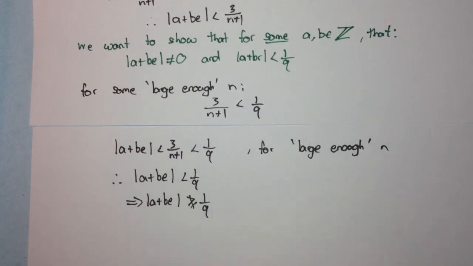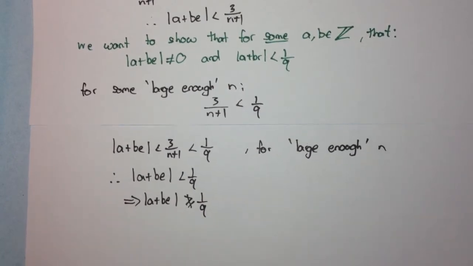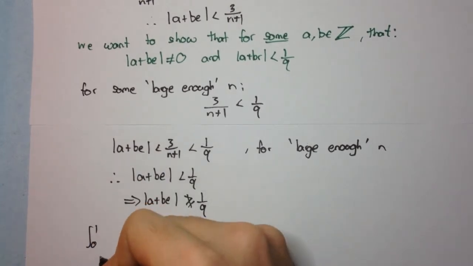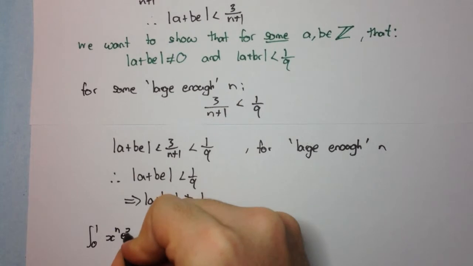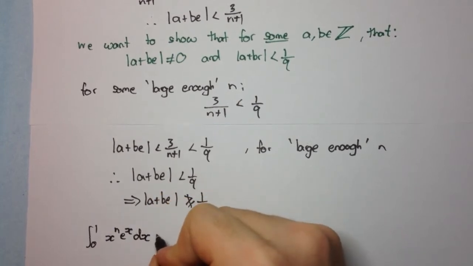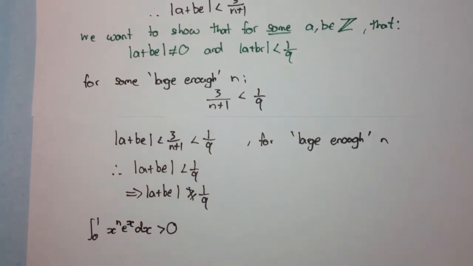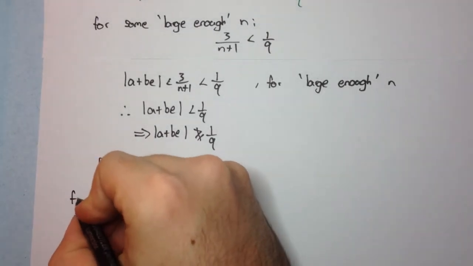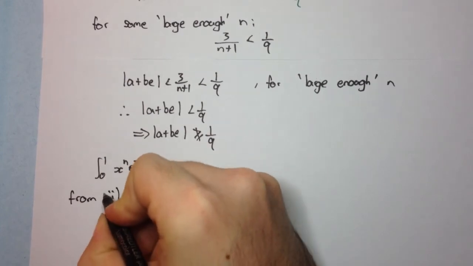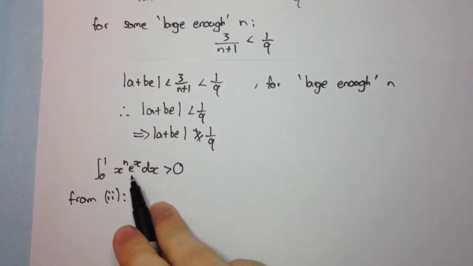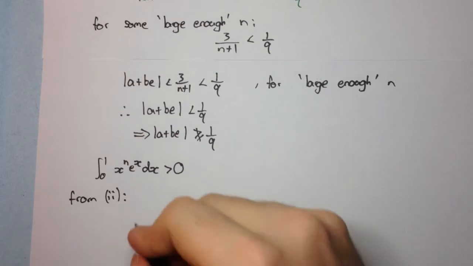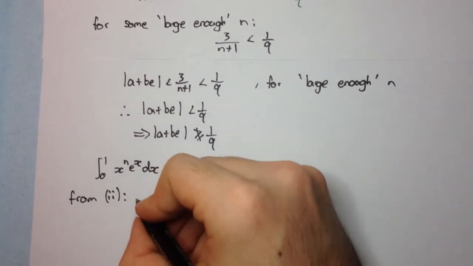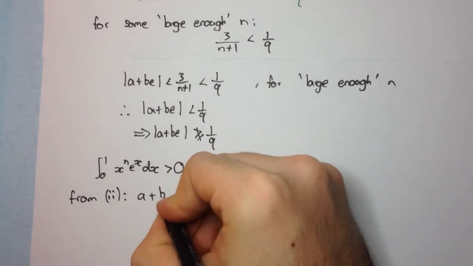Let's see. Well, once again, as we said in the previous video, we worked out that this integral here, x to the n e to the x dx, was greater than 0. Okay, and from part 2, this was equal to a sub n plus b sub n e, so we can think of a sub n, remember, as any integer, and the same for b sub n, so we can just call them a plus b e.